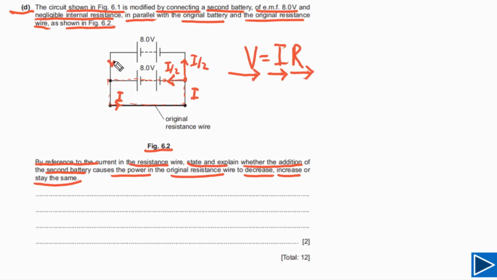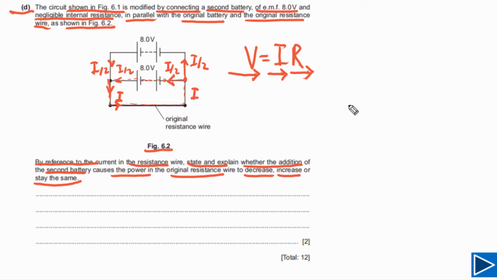So at this junction we can also say current entering is I by 2, this is also I by 2, and current leaving is I. We need to understand current entering or leaving any battery is always the same. So current entering this battery is I by 2 and leaving is I by 2, and it is the same for the second battery. The total current passing through this wire is still I. So there is no change in current.